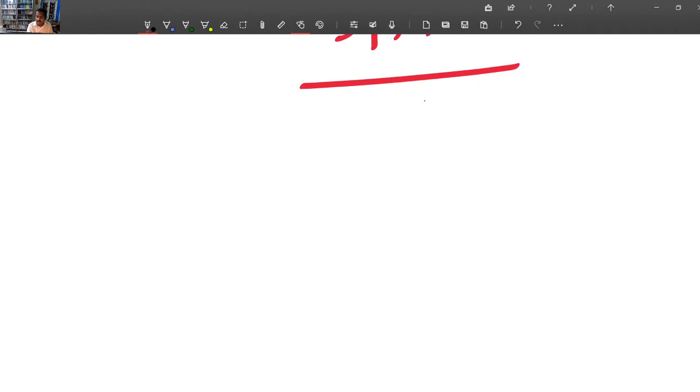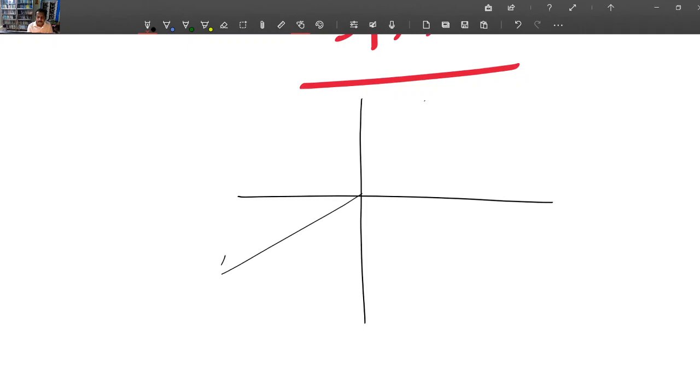Remember that you are in space, three-dimensional space R3. You consider a line in space. Suppose this is your x-axis, this is your y-axis, and this is your z-axis.